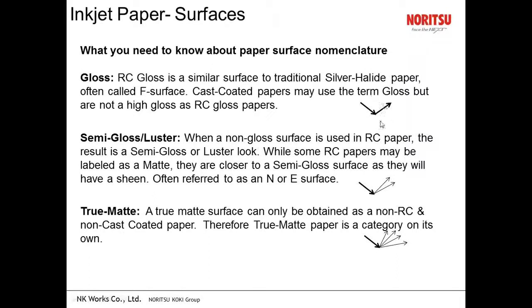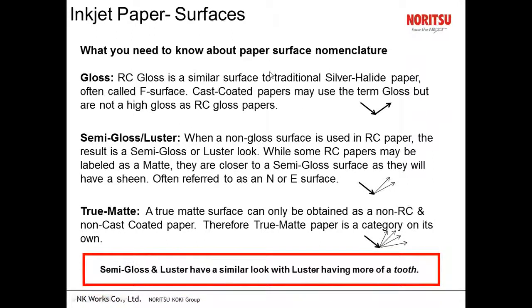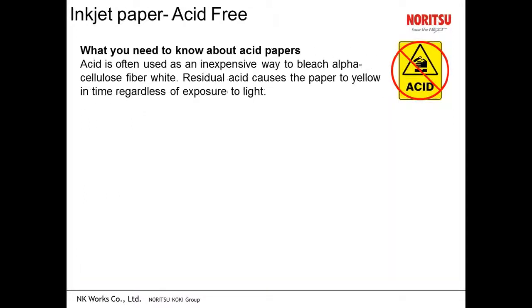Either they reflect a lot of light, the light scatters, or the light scatters a lot more. And again, just want to emphasize that semi-gloss and luster often look very similar. Side by side, semi-gloss tends to have just a wee bit more of a sheen than a luster surface will look. The luster will have a little bit more of a tooth, as it's called.